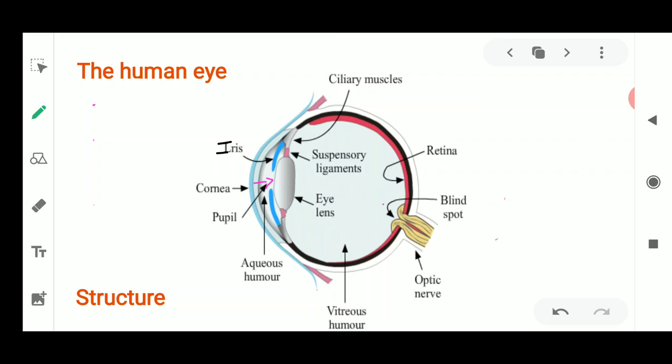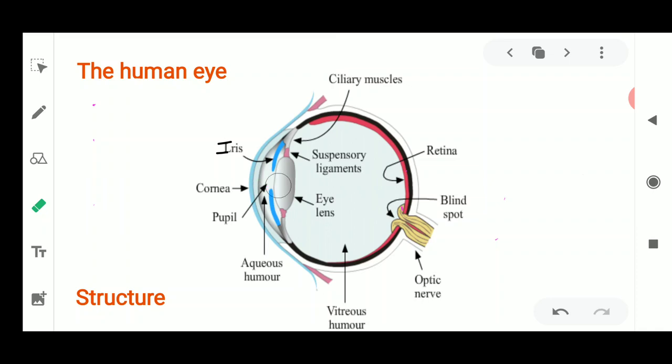Again it is refracted, and somewhere here an inverted image is formed, and the signal which the retina accepts is sent through the optic nerve to your brain, so that the brain interprets what things you are seeing.